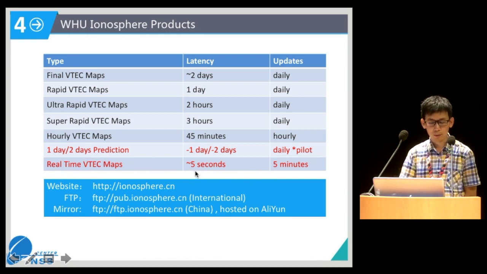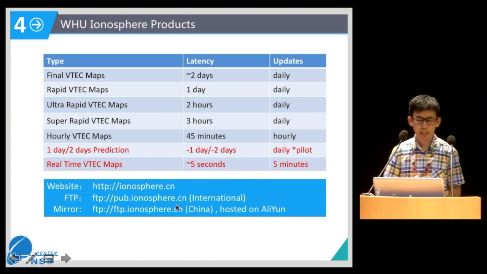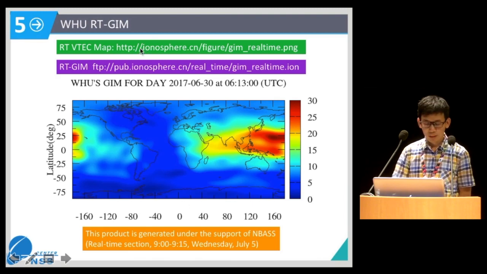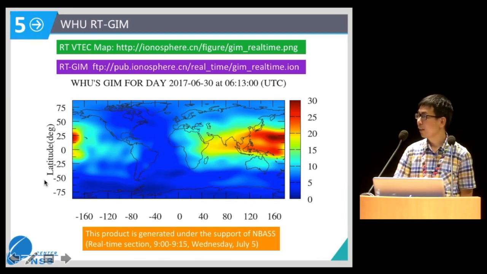All these products can be downloaded from this website, and for the international users, we use this FTP. As an example, here we give the result of the real-time GIM of our university. Actually, this product is generated on the spot, and for more details on the real-time products of Wuhan University, we refer to the presentation tomorrow morning in the real-time section.